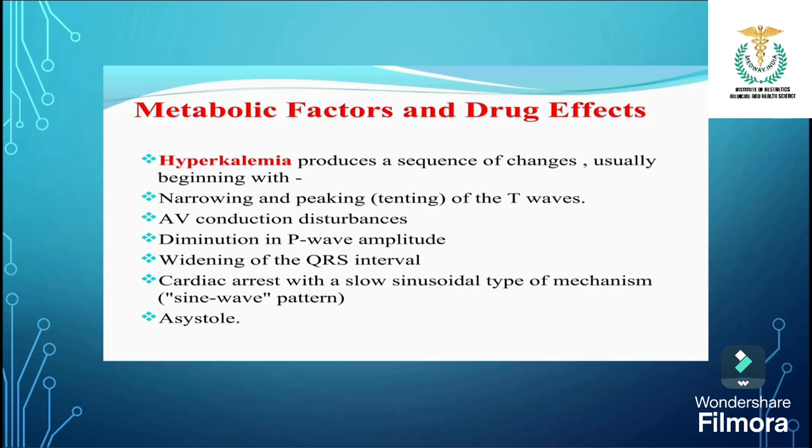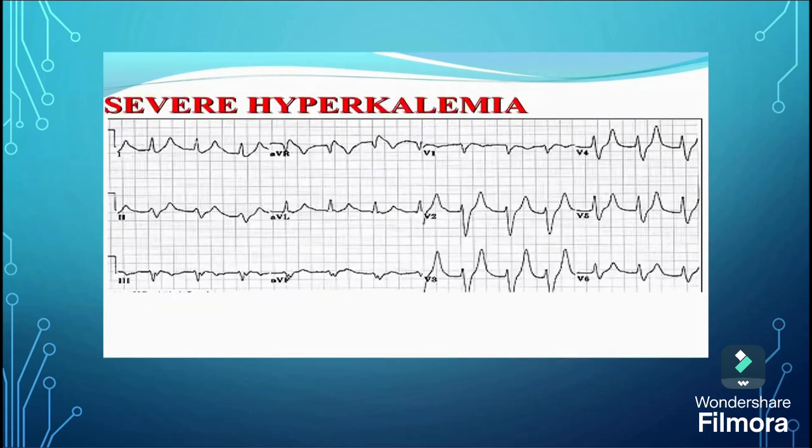It produces a sequence of changes, usually beginning with narrowing and peaking, that is tenting, of the T wave, AV conduction disturbances, diminution in P wave amplitude, widening of the QRS interval, and cardiac arrest with a slow sinusoidal type of mechanism. So it is a sine wave pattern and there is asystole. You can see the severe hyperkalemia here.